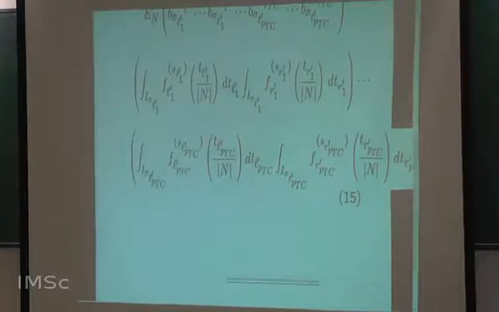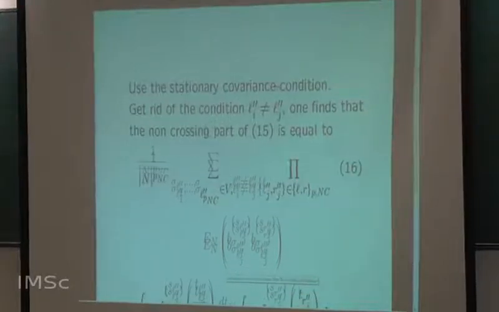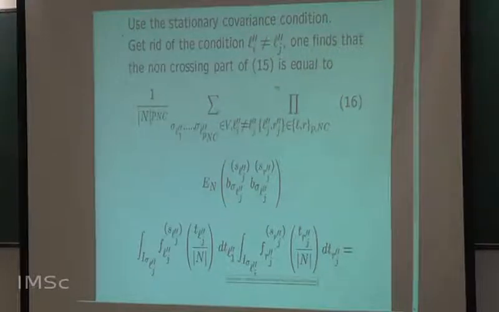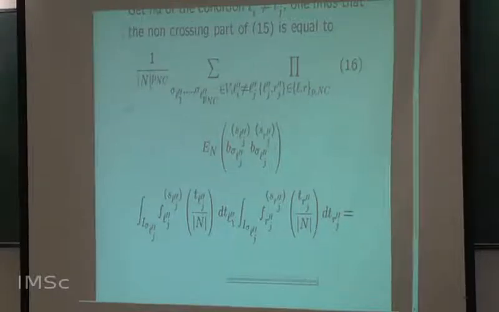Remember that the prime apex is reserved for the totally crossing component, and the double prime for the non-crossing component. So, if we have the non-crossing component, it is like this. Here I have PNC pairs, and the indices of this sum are PNC.